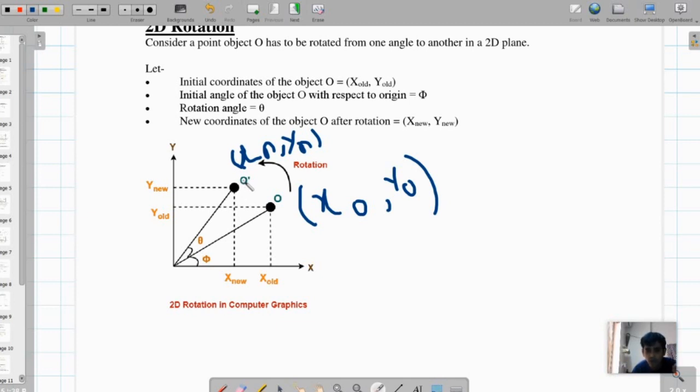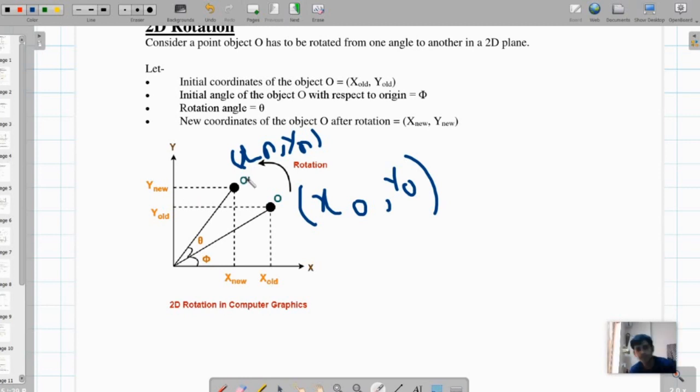Now try to figure out what angle this O dash point is making with the x-axis. Write down the answer into the chat box. Hope until now you have some idea in your minds.